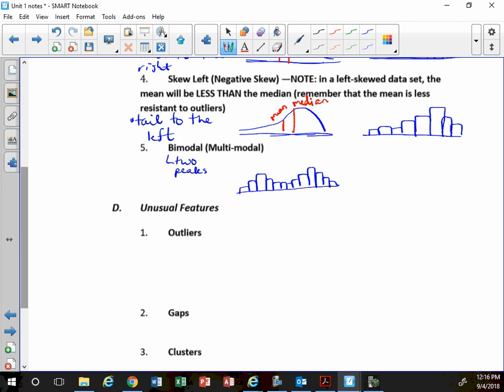But if you're describing the shape of this graph, you would definitely want to note that there are two peaks in the shape of your distribution. Okay? And then multi would just be there's more than two, as many as shows up in the distribution. Questions so far?